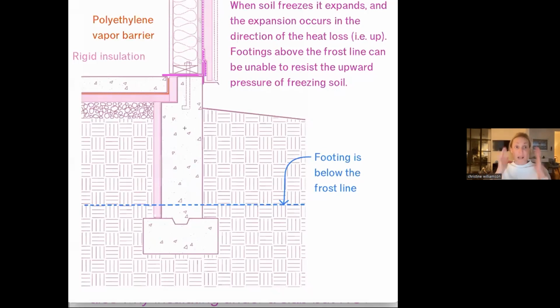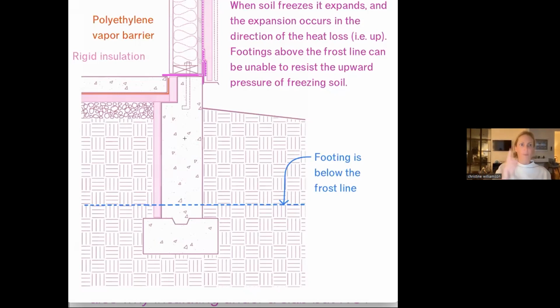And what I didn't understand was that the direction of expansion happens in the same direction as heat loss, upwards. So we've got this upwards force, up pressure. And what we want to do is make sure that the thing that our building bears on, the footing, is below the freezing line, so that we don't have this upwards push against our footing that wants to lift our building up.